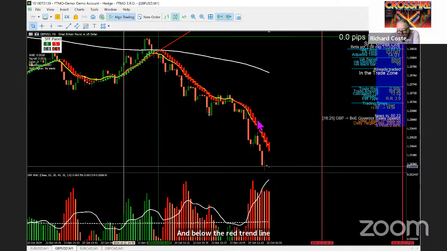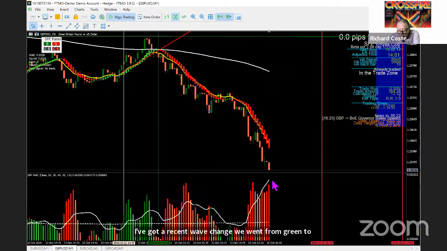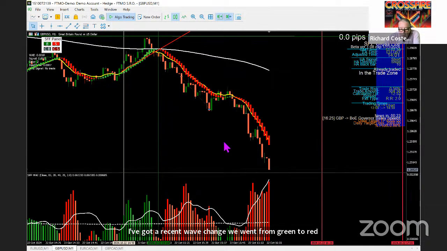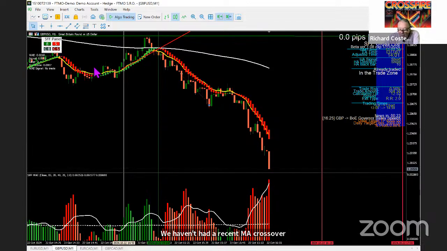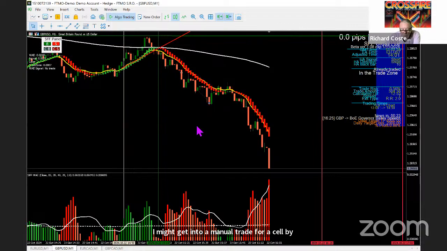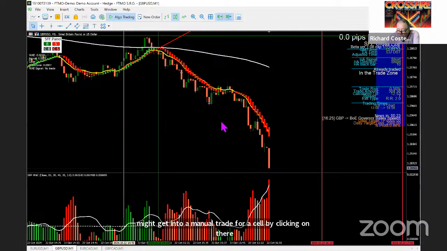We went from green to red. And if the Waddah Attah sets up correctly, I might be prepared to ignore the fact that we haven't had a recent MA crossover. And I might get into a manual trade for a sell by clicking on there. It will let me do it manually, but it won't do it automatically.